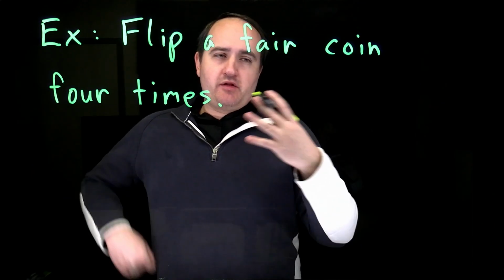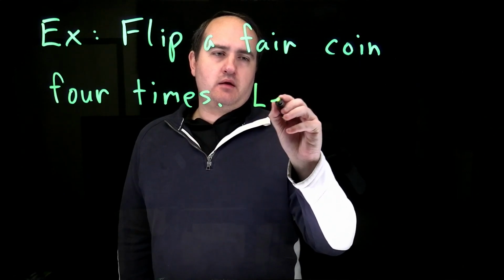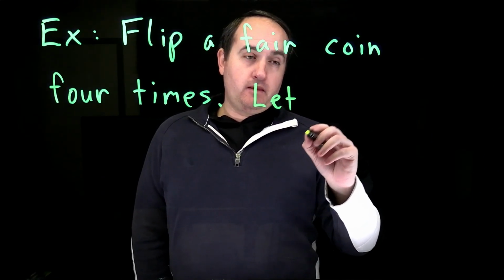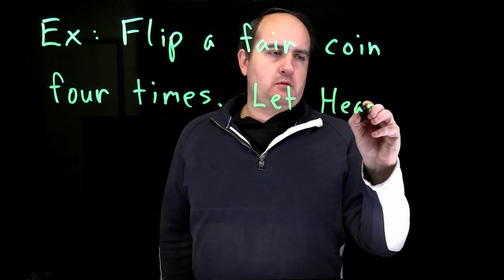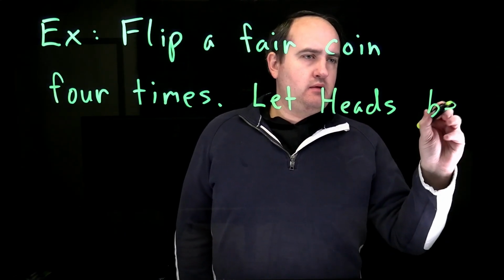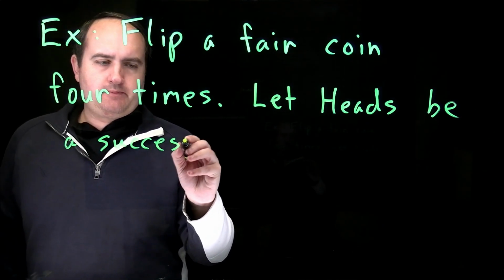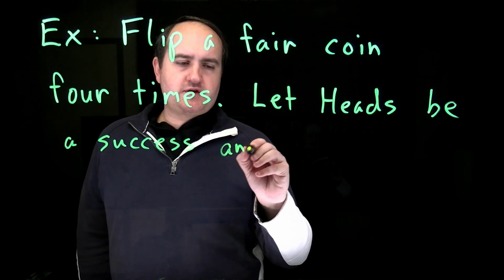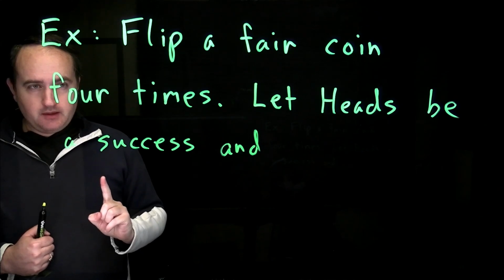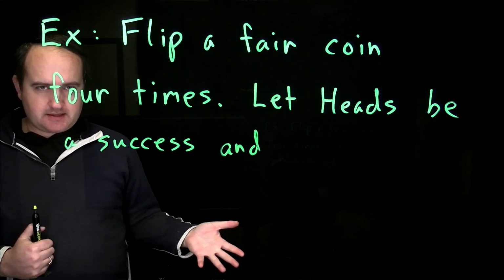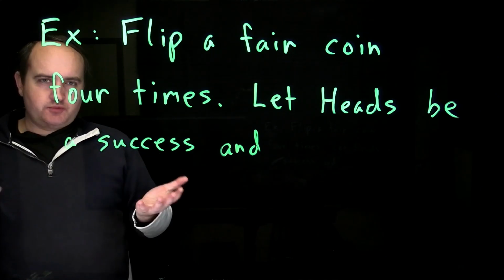So for example, if they asked us whether this was a binomial probability distribution, we could say let flipping a heads be a success, and so that's talking about a single flip. So if you're flipping the coin once, heads would be considered a success, and then not having heads would be the other outcome, which would be tails.